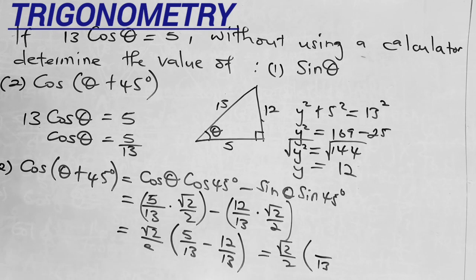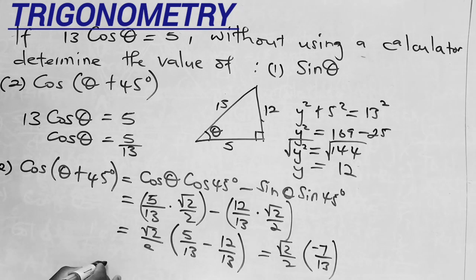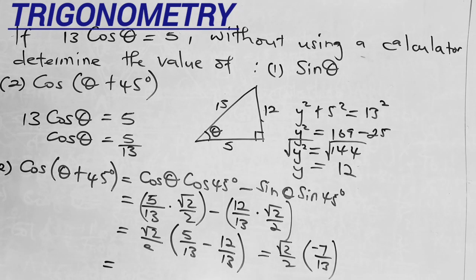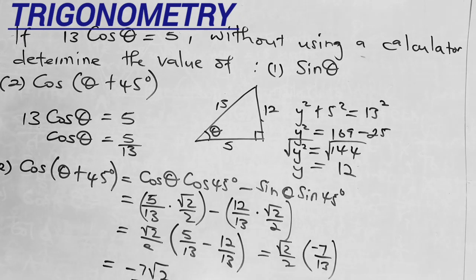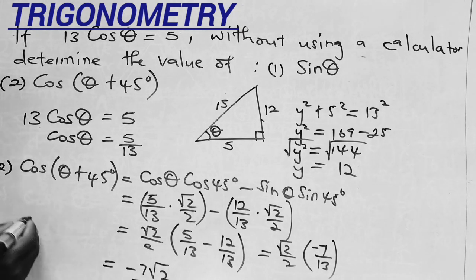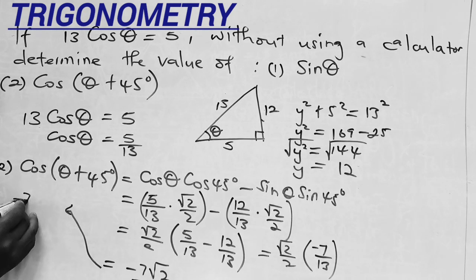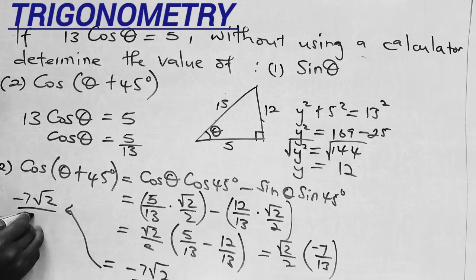Then 5 minus 12, we get minus 7. So our final answer will be minus 7 root 2 over, we multiply these, 2 times 13, we get 26. So our final answer is negative 7 root 2 over 26.